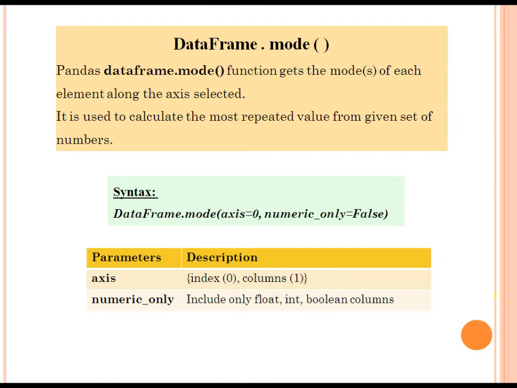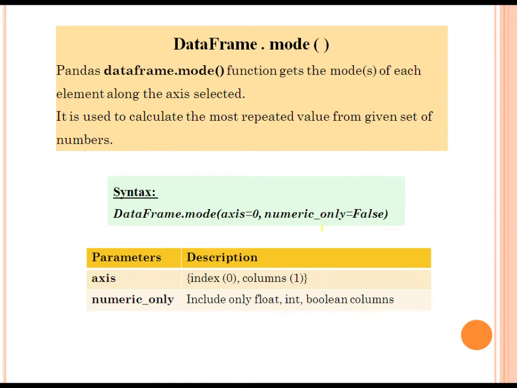It will tell me the most repeated values in the set of numbers. Okay, so we have two parameters here, axis equals to 0 and numeric only. Axis equals to 0 tells us the axis of the data frame. Numeric only will take only the numeric fields into account.